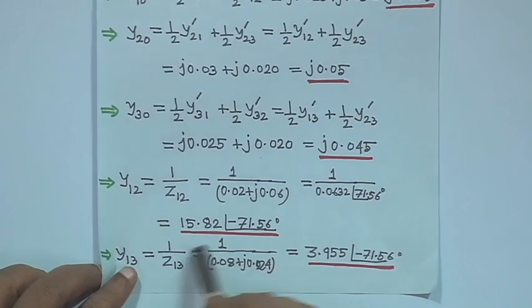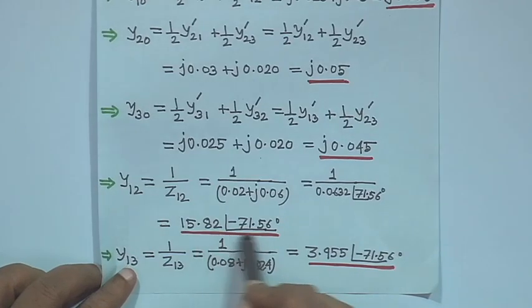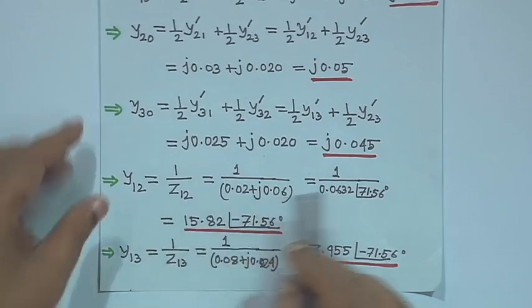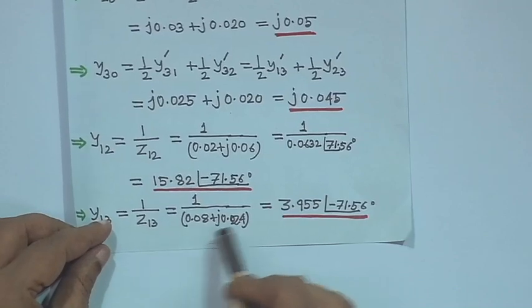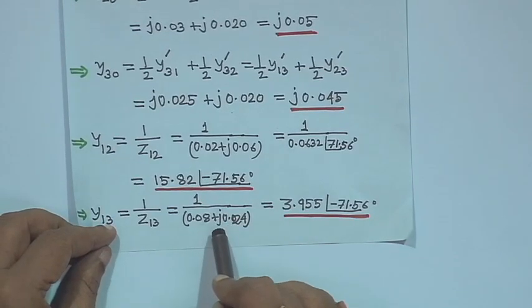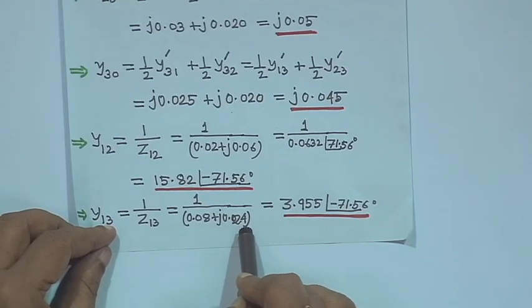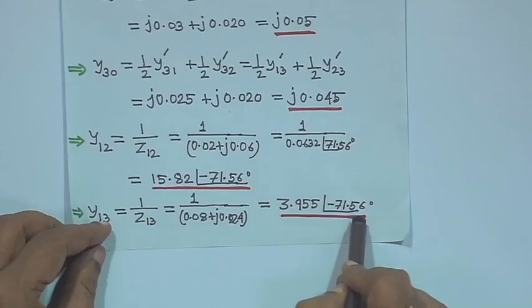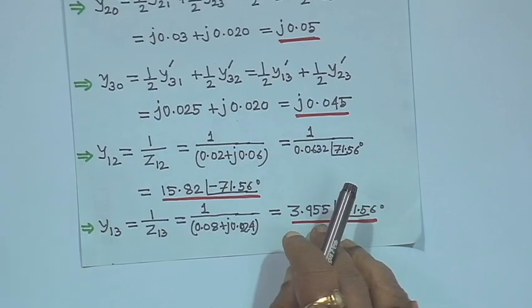It will become 15.82 angle minus 71.57 degree, that is small y12. Now small y13 is 1 upon z13, so z13 is given 0.08 plus j0.24. It will become 3.955 angle minus 71.56 degree.